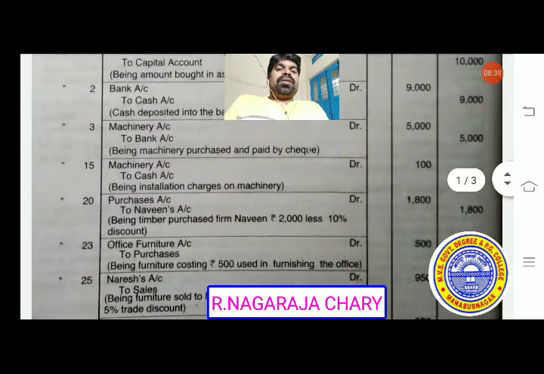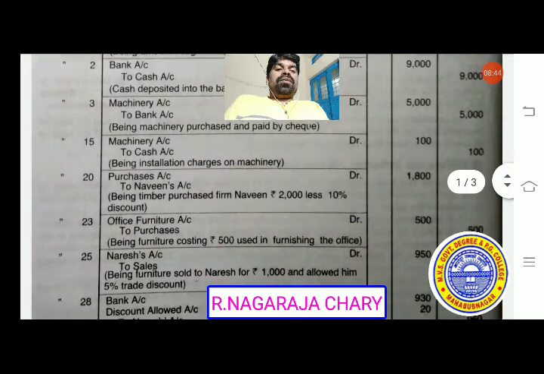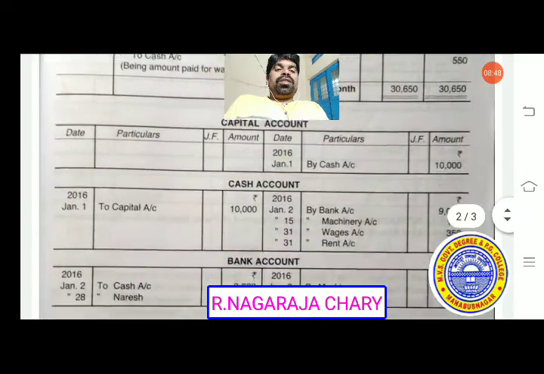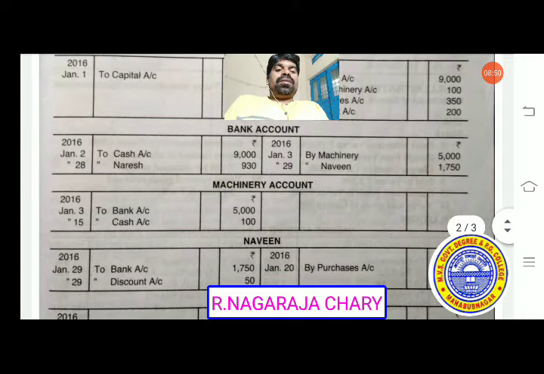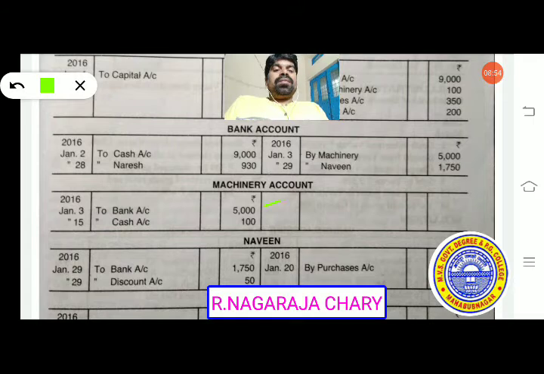Next we see the third, machinery account debit to bank account. Machinery account is debited with 5,000 because the entry is machinery account debit to bank account.